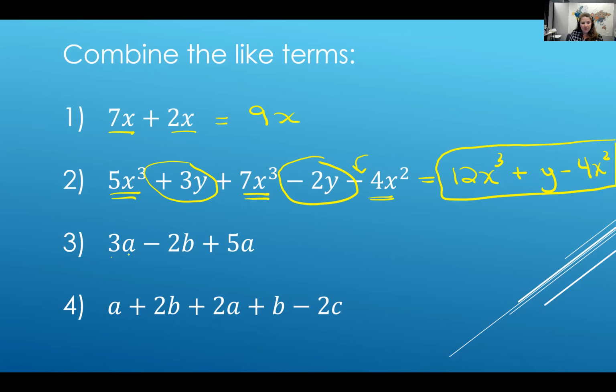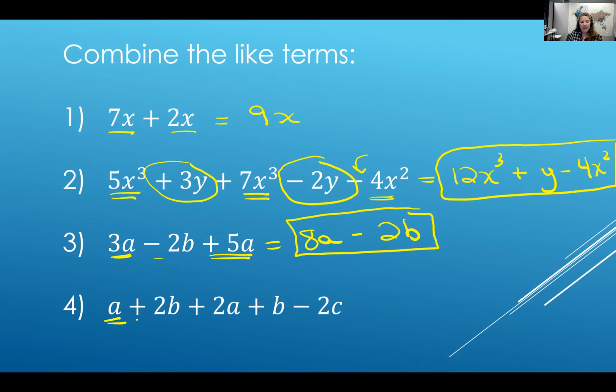All right, here we have 3a plus 5a. 3 apples plus 5 apples is 8 apples. And then minus 2b has nothing to combine it with, so that's part of our answer. And then you guys pause the video, try number 4 by yourself, please.